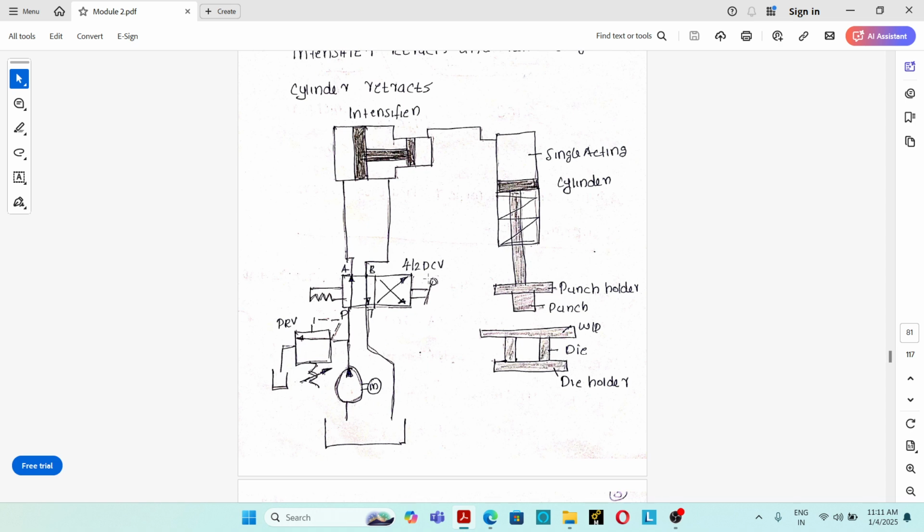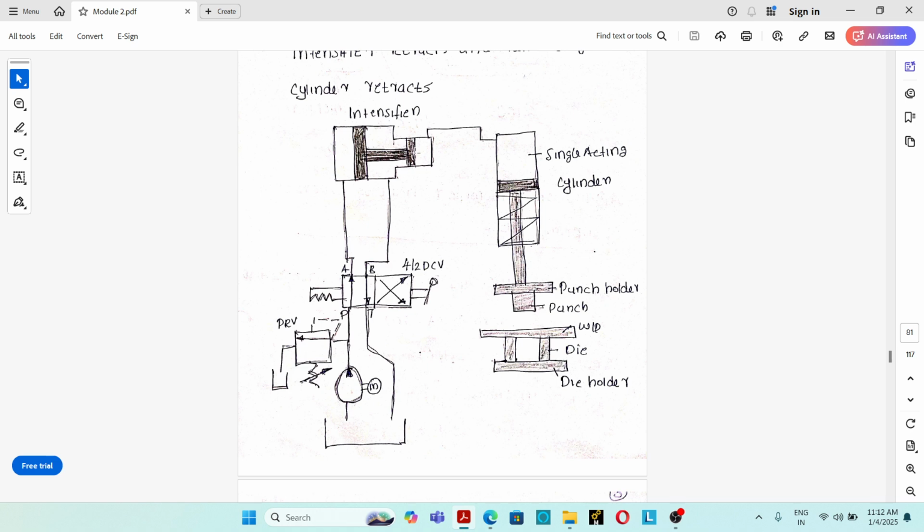When the lever is shifted to the next position, port P is connected to port B and port A is connected to port T. So high pressure hydraulic oil will exert pressure over this side of the large piston. So the piston will move in the backward direction.